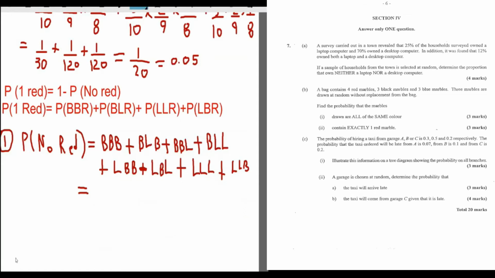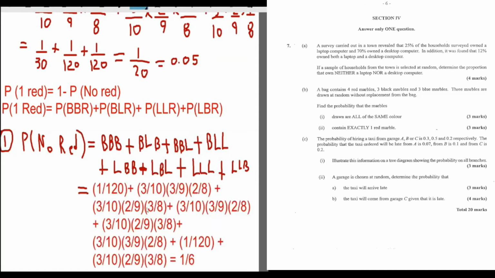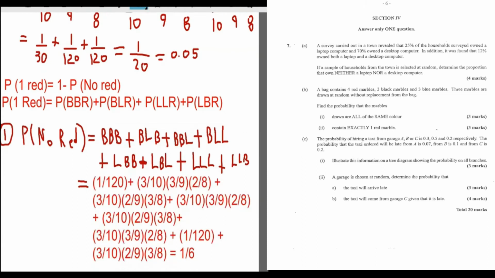So what does that mean? That means we're very likely to get a red. So the probability of at least 1 red is equal to 1 minus 1 over 6, and the chance of you getting a red is 5 over 6.